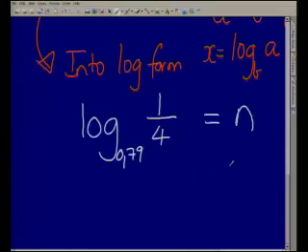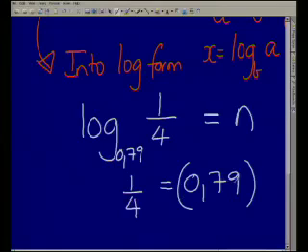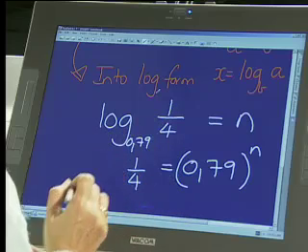Where do I get this from? Because we had earlier that 1/4 was equal to 0.79 to the power of n. I can interchange between log form and exponential form, where 0.79 is the base in exponential form, it's the base in log form, and n is my exponent, and I want the log of 1/4.